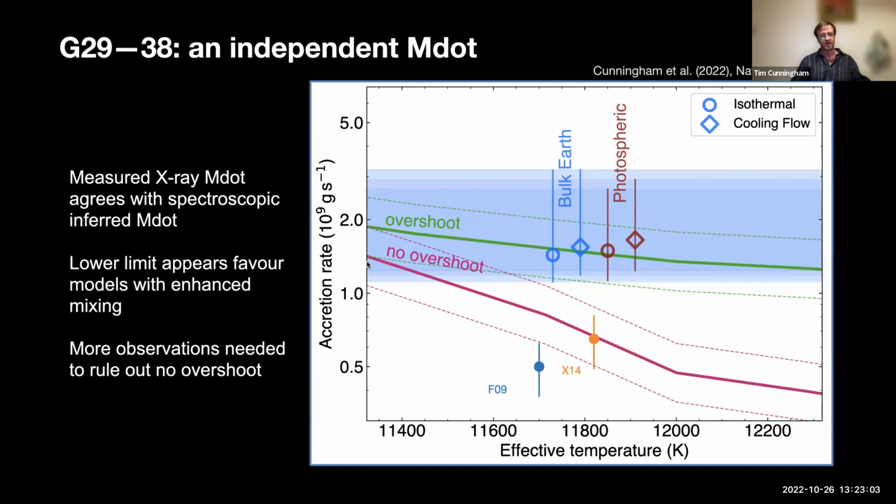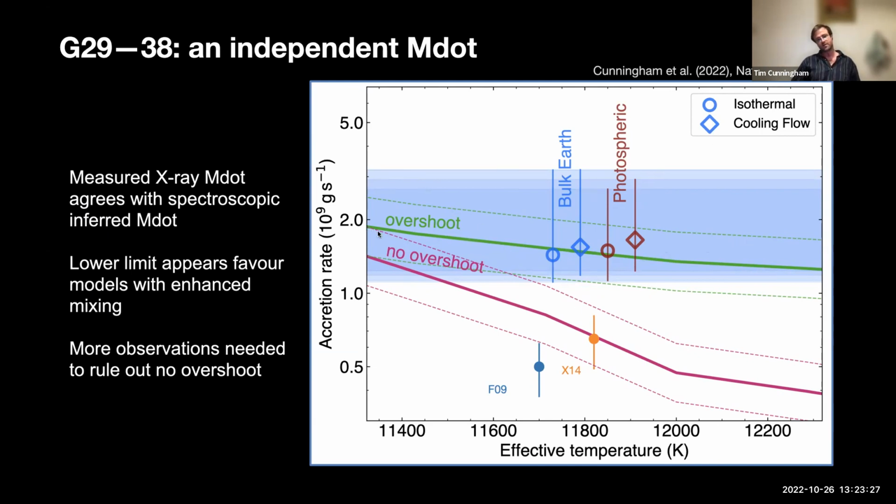We can also derive our X-ray accretion rates, and that's what I'm showing here in blue. So the blue band is the 1 sigma confidence interval on our X-ray accretion rate for the 2 plasma models and 2 sets of abundances.